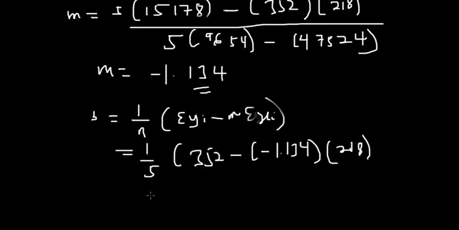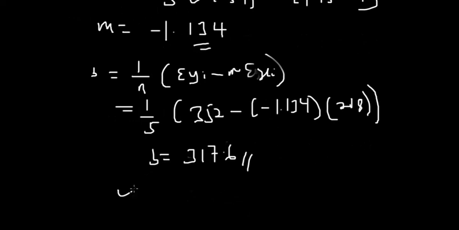So after that, you just find the value of your intercept. When you compute the whole of this, that's 1 over 5 multiplied by 352 minus 1.134 multiplied by 218. You end up with 317.6 as your intercept.